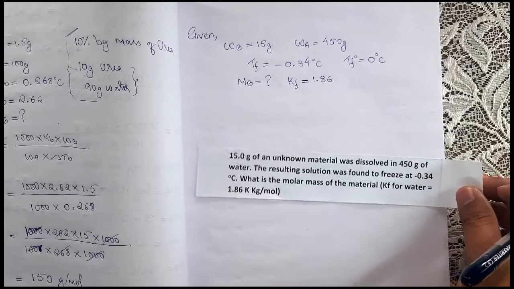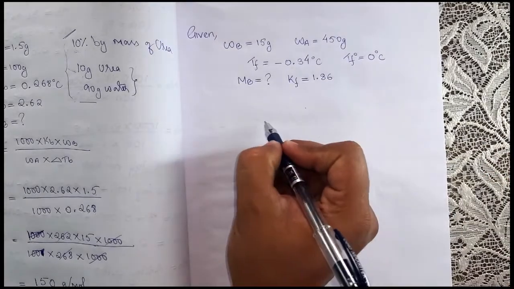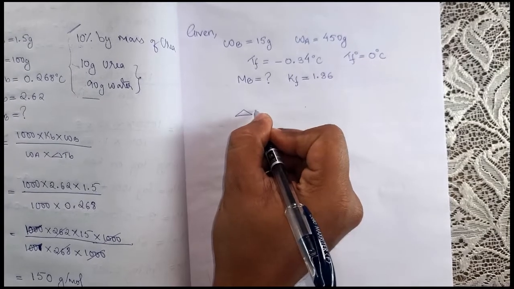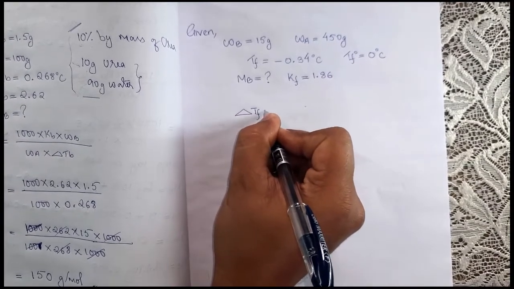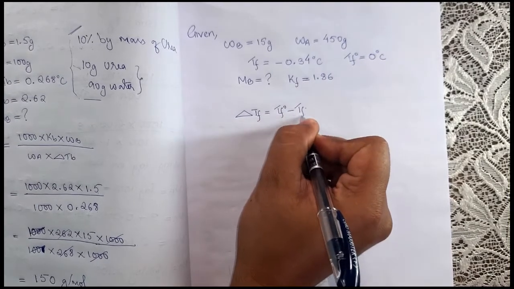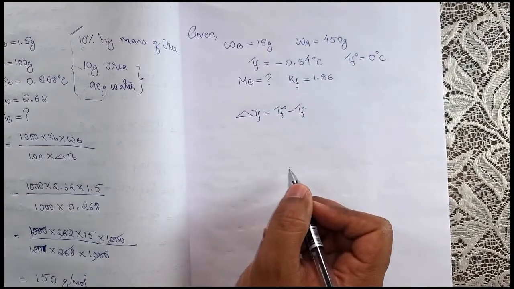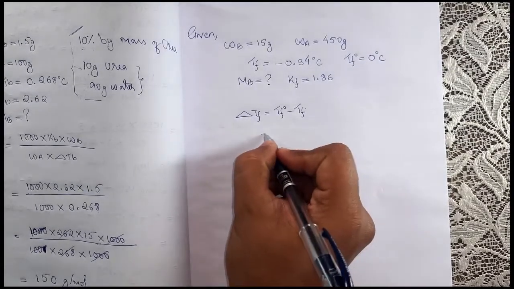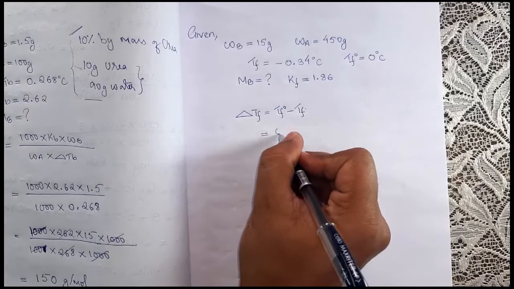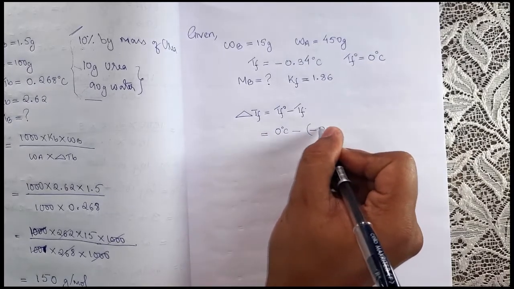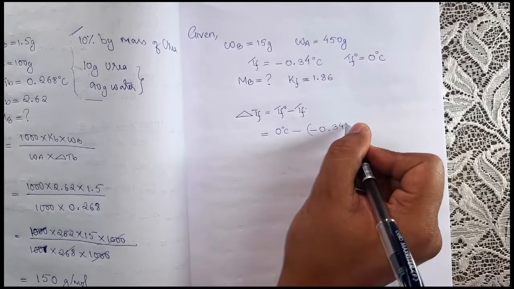So these are the given that we can write from the question. So now we shall start solving. So we have out here Tf and Tf naught. From this we can first of all find delta Tf. Delta Tf is Tf naught minus Tf. So we have delta Tf is equal to 0 minus minus 0.34 degrees Celsius.